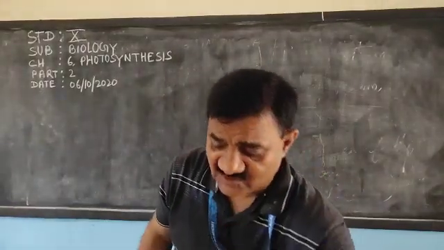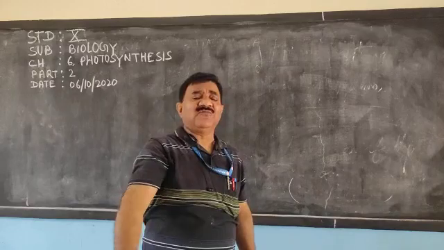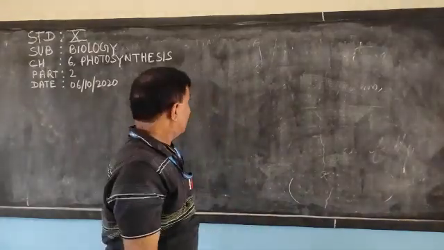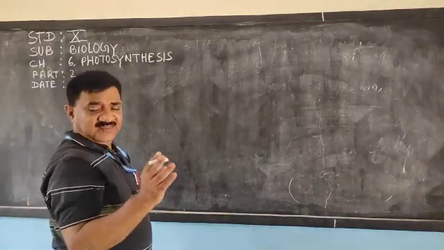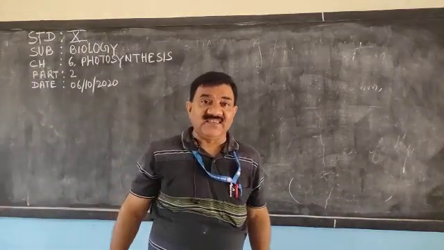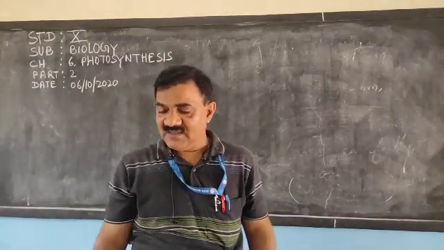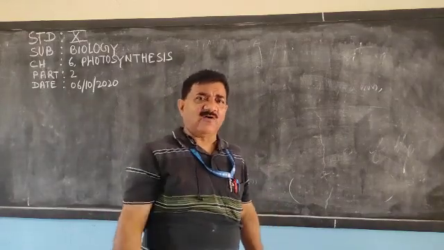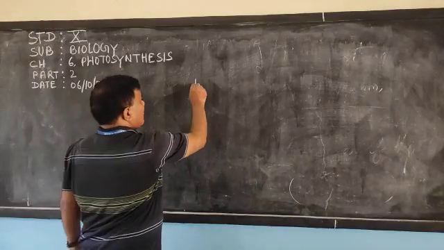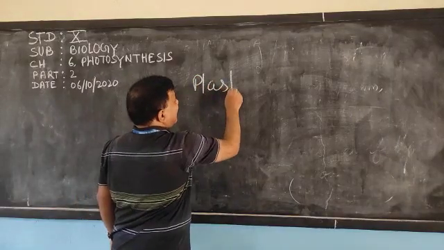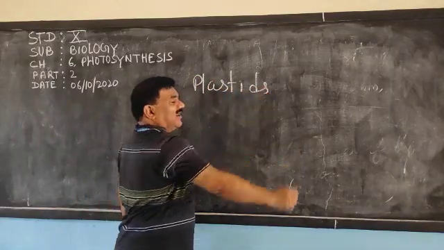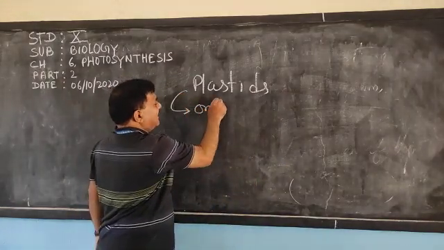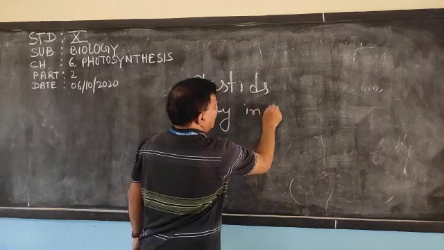In the previous video, we discussed what photosynthesis is and why photosynthesis is necessary. That part is clear. And we discussed plastids, that plastids are present only in plant cells.